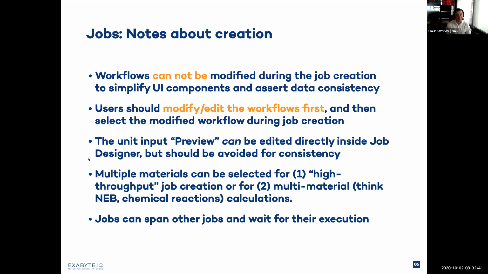We have a way to select multiple materials inside the job designer and create either a high throughput calculation scenario, where we create multiple jobs, one for each material, or we can have a multi-material job, for example, a nudged elastic band calculation, where we can select multiple different snapshots of the chemical reaction inside a single job, and then utilize those snapshots to study a chemical reaction from beginning to end.